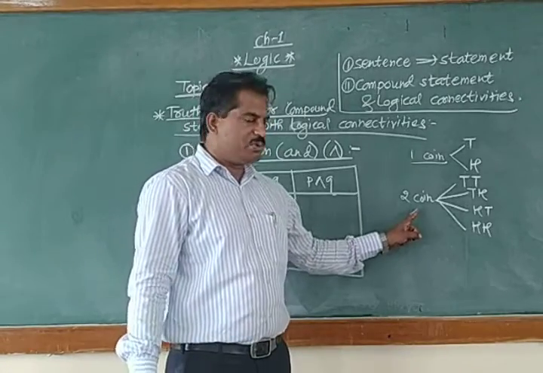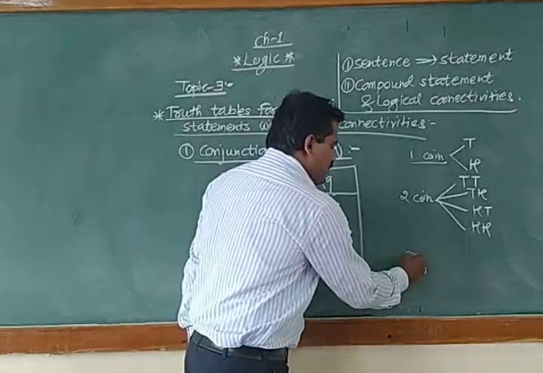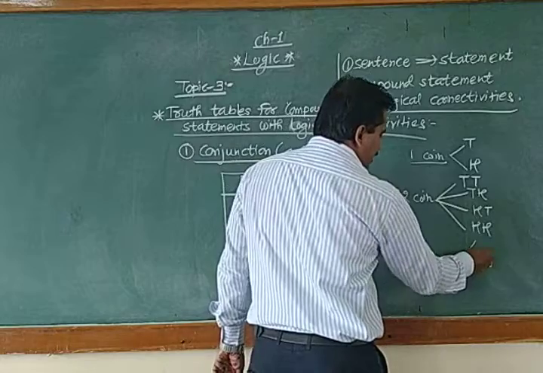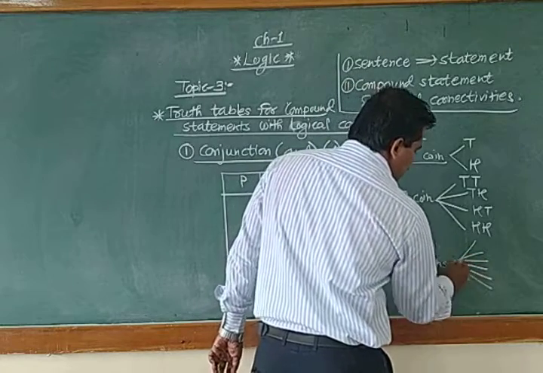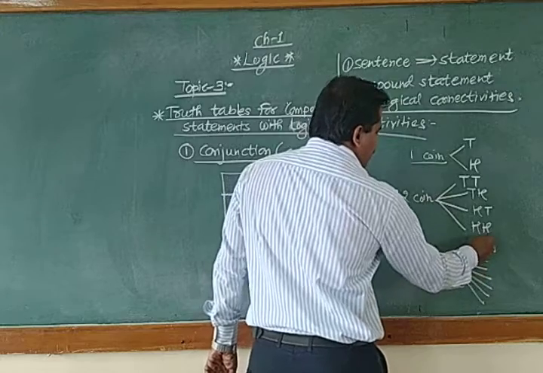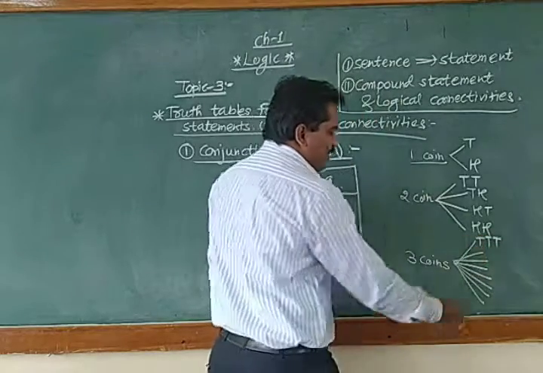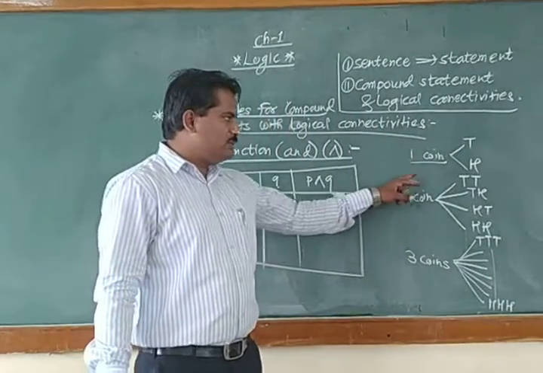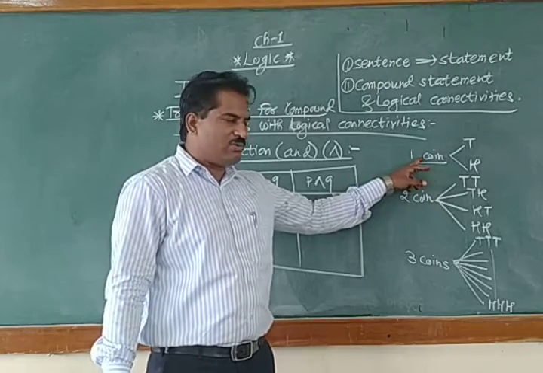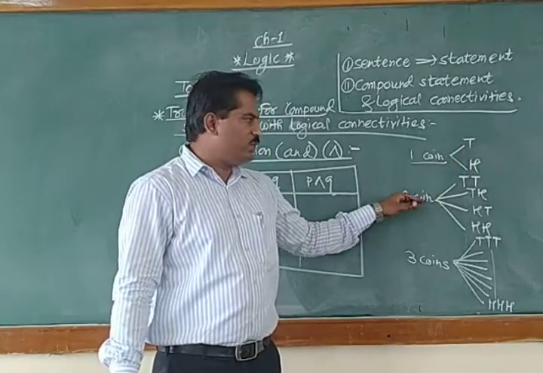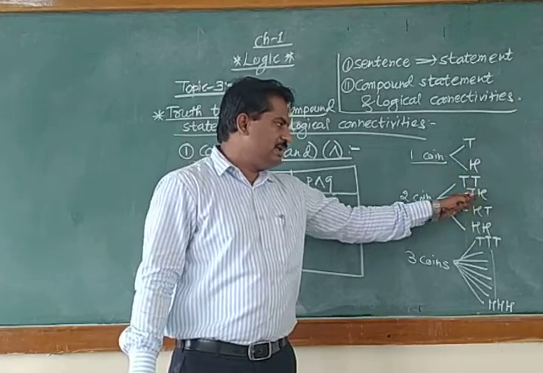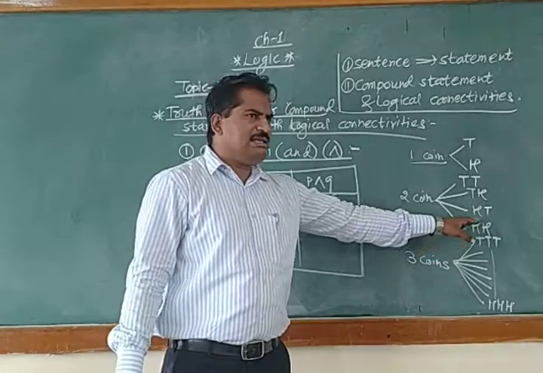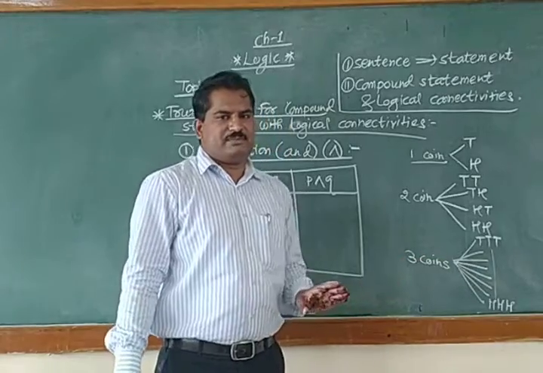Similarly for three coins, there are 8 possibilities: TTT and in a similar manner up to HHH.